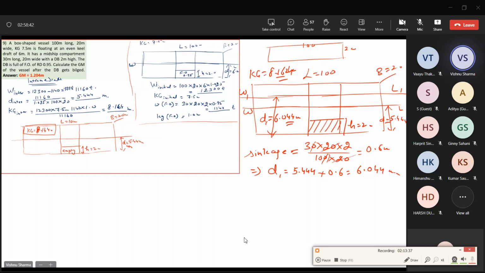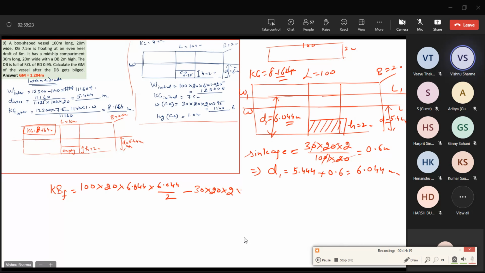Right? Now, KB will not be D1 by 2. We all know it. KB will not be D1 by 2. It will be by moments. So KB after bilging in the final condition will be the vertical moment up to W1, L1, that is length, breadth into D1, which is 6.044, into lever 6.044 by 2, minus the vertical moment of the underwater volume not contributing to buoyancy, that is the DB. 30 into 20 into 2 is the volume.